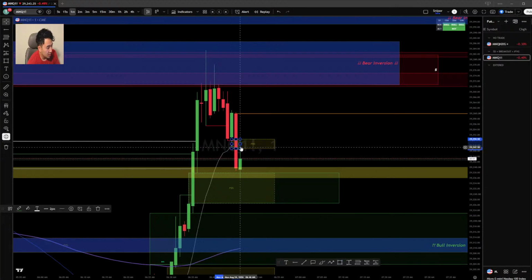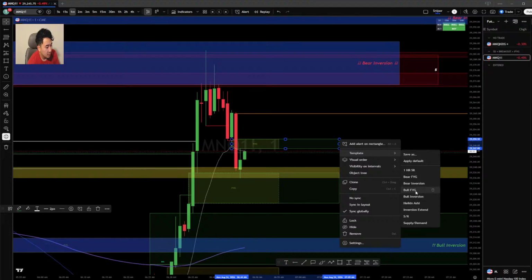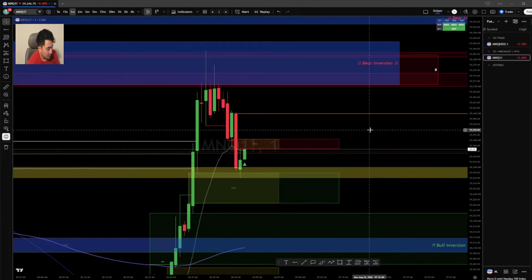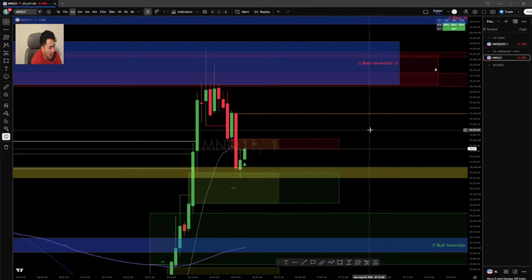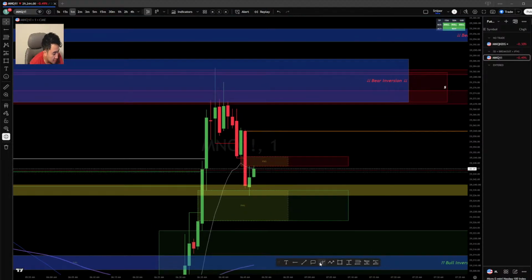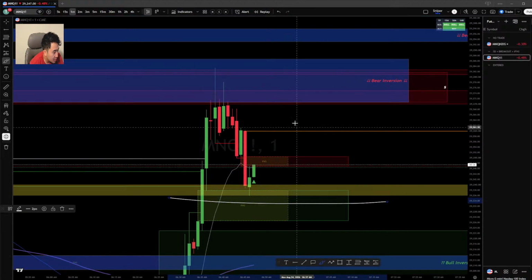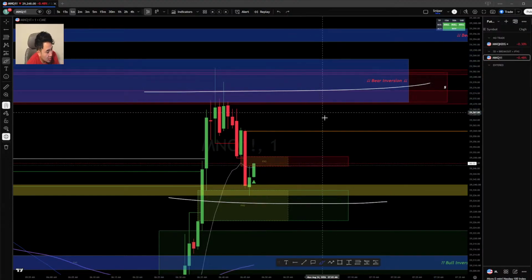So this bearish gap forms here. Let's see if it can become a bullish inversion. Right now we're in between this strong support level right here, and then we have lots of bearish structure at the top.